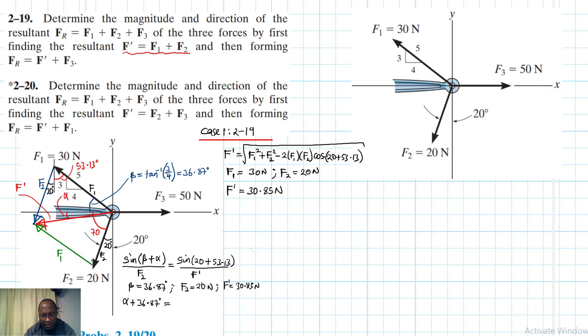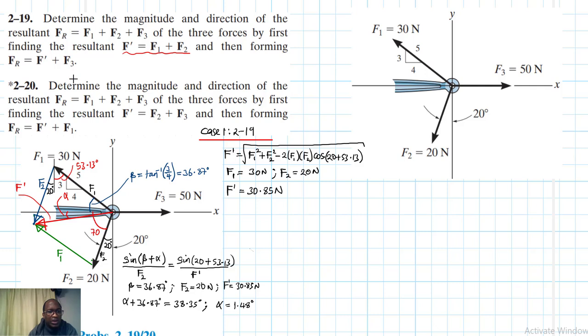Then sine inverse of that gives us 38.35, and therefore alpha is just going to be equal to 1.48. So we found what alpha is.